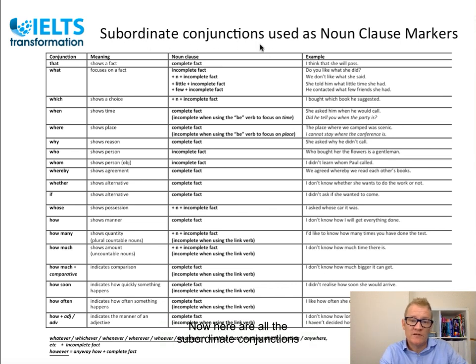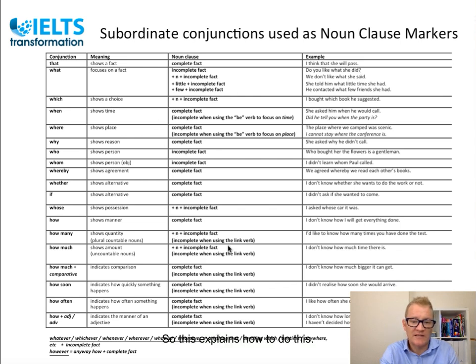Now here are all the subordinate conjunctions which are on the conjunctions handout that we have given you before. And this is explained more in our grammar course. So you can pause the video and start to look at this. This shows the different types of conjunctions, it shows what they mean. It shows whether they are followed by a complete fact or not. So, for example, "she will pass" is complete, whereas "what she did" is incomplete.